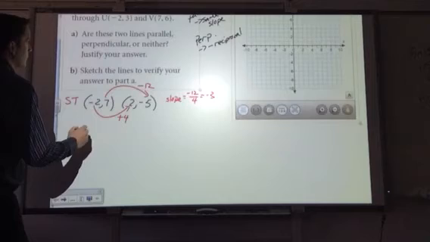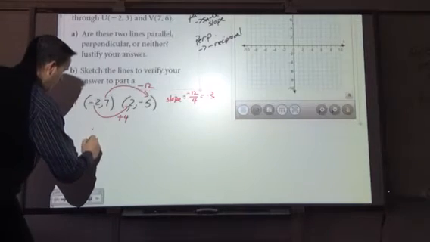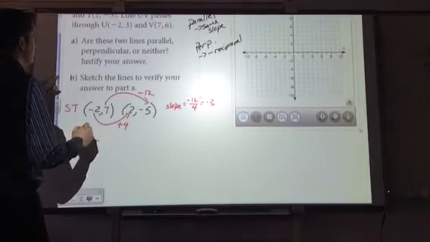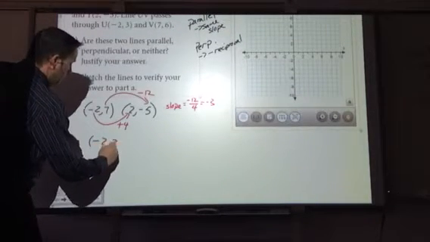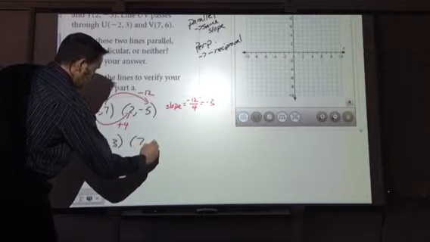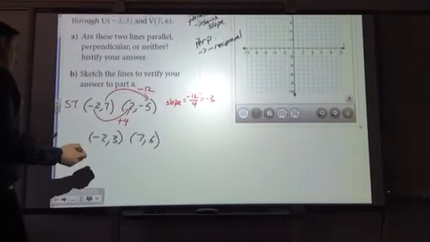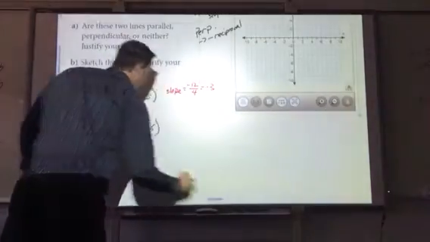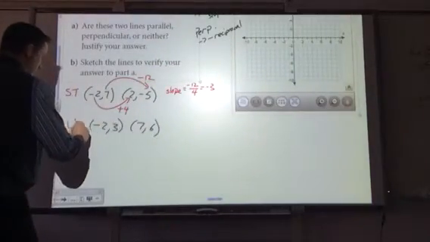Now you take the points UV, and we have -2 and 3, and we have 7 and 6. And what is the slope for that? So do the same thing. UV.